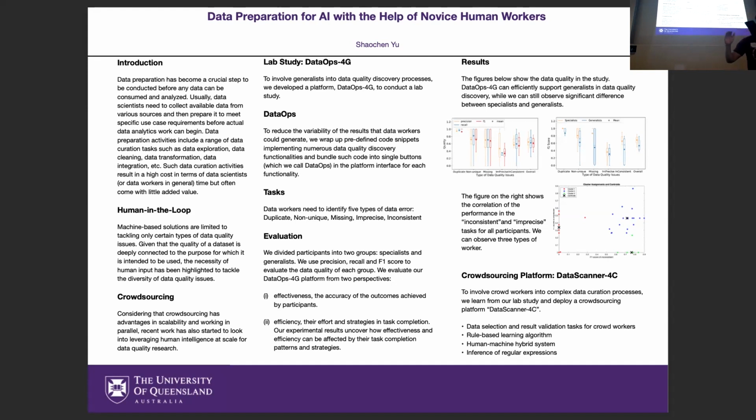And we also built a work called Data Scanner for C. The 4C means for crowd workers. So we are doing a human-machine hybrid way to solve that problem. In DataOps4G, we produced data ops to support the workers. Now in Data Scanner for C, we are doing it in a human-in-the-loop system.